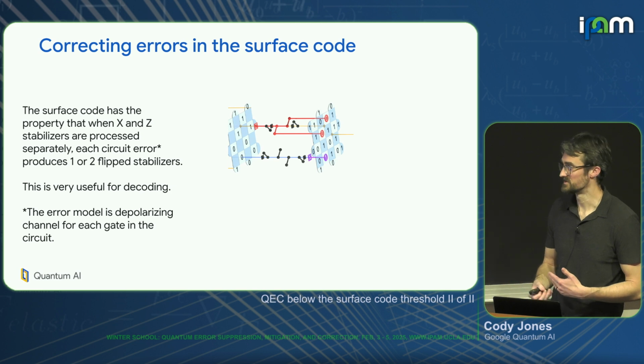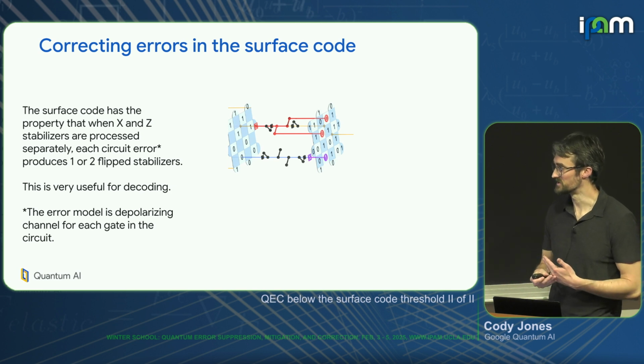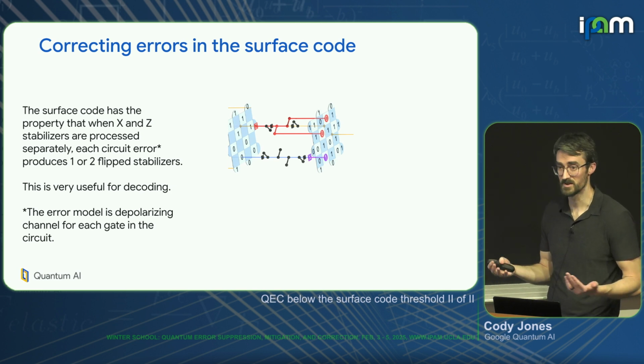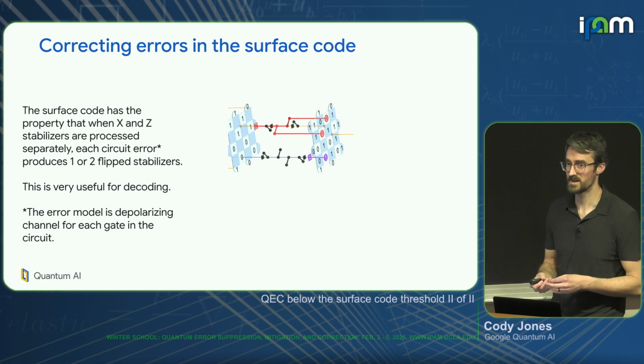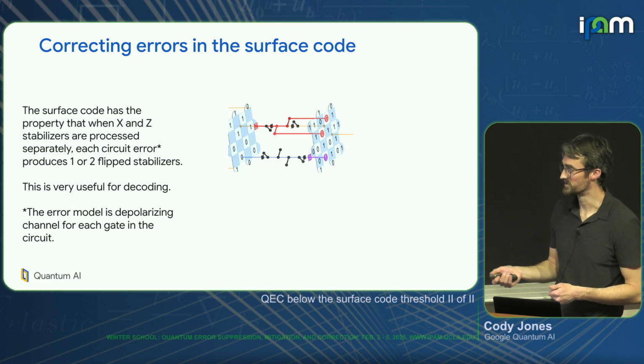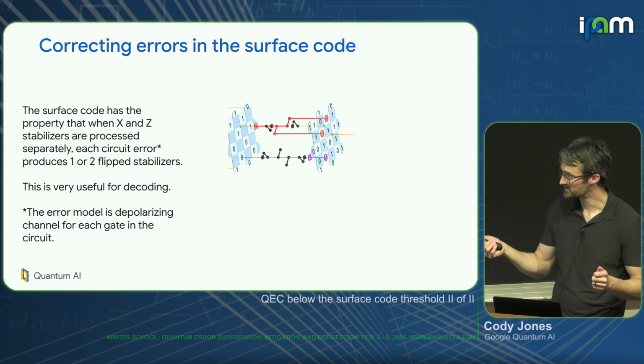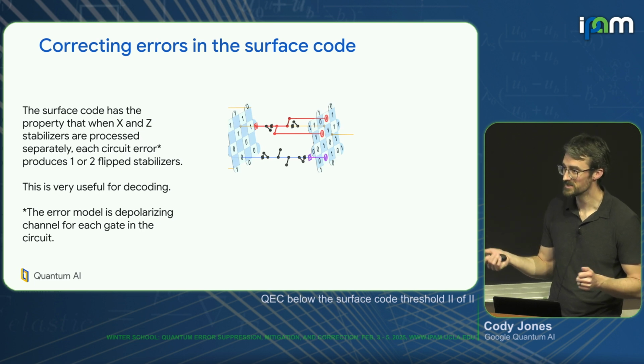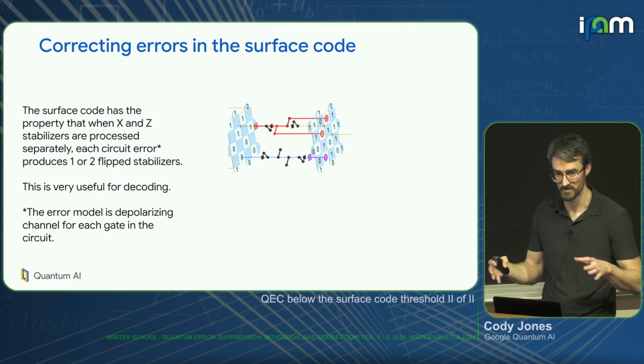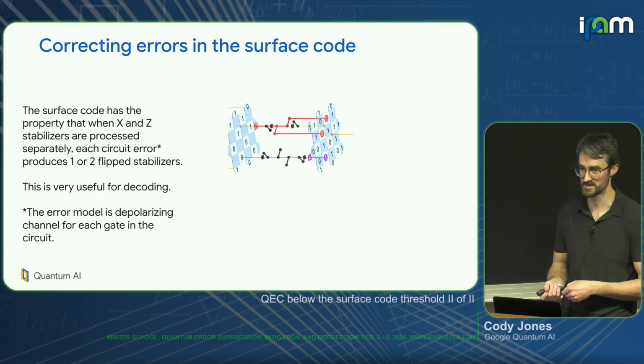And in fact, for general decoding of classical codes, this can be a very hard problem. But surface codes have structure to them. They have special properties, and one of those is that every single error in the circuit will flip 1 or 2 stabilizers. Most of the time 2. It can be 1 at the edges of the code, but in the interior, for most of the code, it's flipping 2 stabilizers at a time.